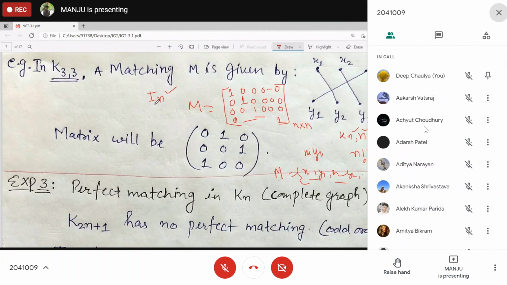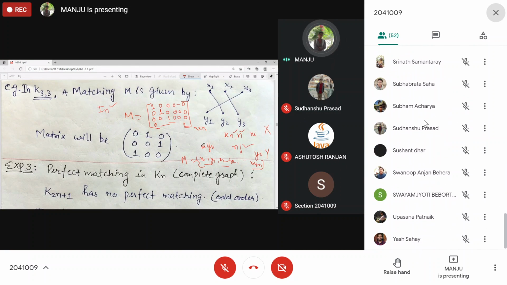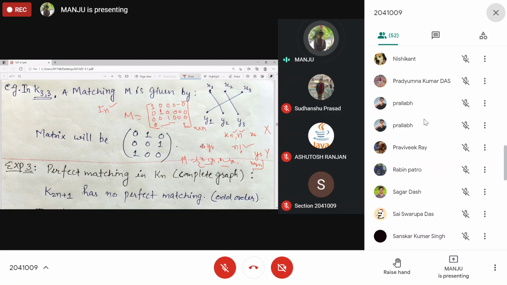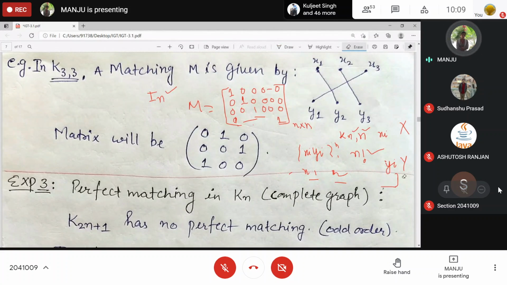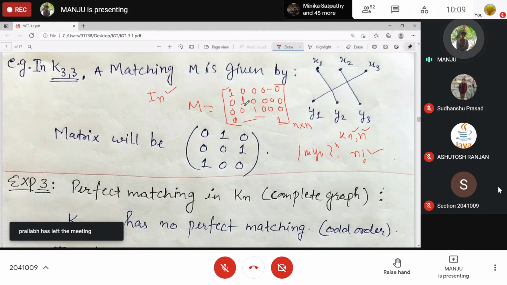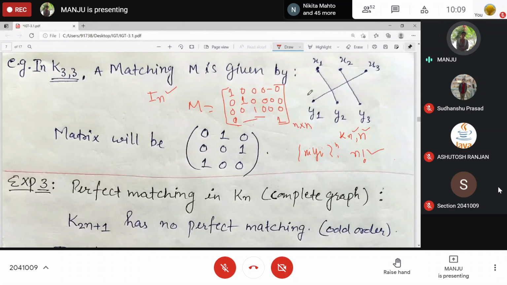This is your identity matrix of order n. Corresponding to the identity matrix, you have the matching (xi, yi), where i runs from 1 to n. So this is one permutation matrix. Identity is one example of a permutation matrix. And what do you understand by a permutation matrix? In every column and row there is one 1, the others zeros. Now you can permute it. You can interchange the rows and columns, whatever you want, and you will get all the other permutation matrices.